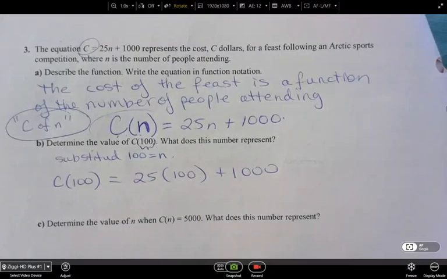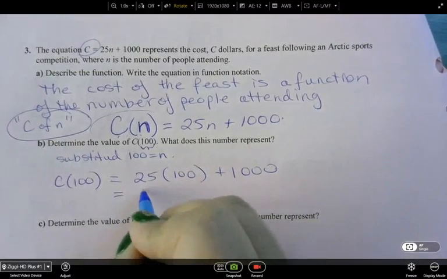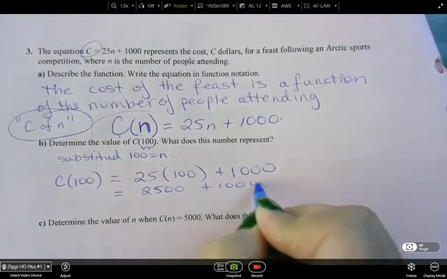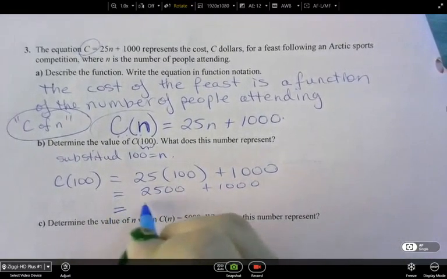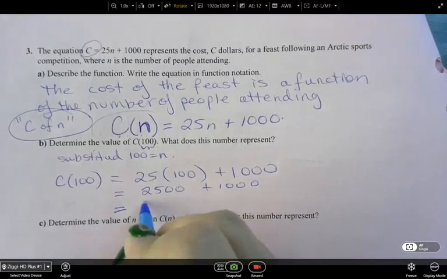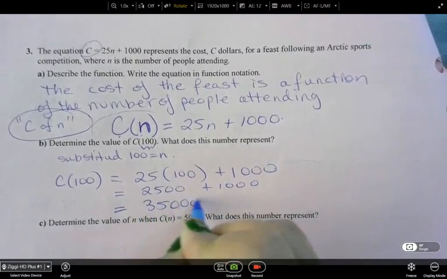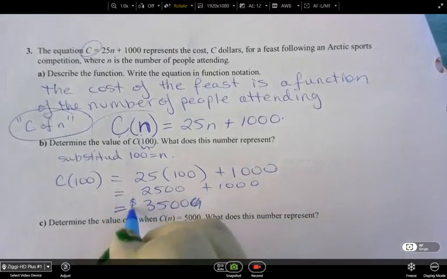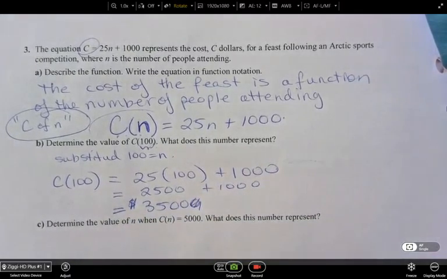So then I just use order of operations and I complete this. 2,500 plus 1,000. So then my final answer here is going to be $3,500. Okay.